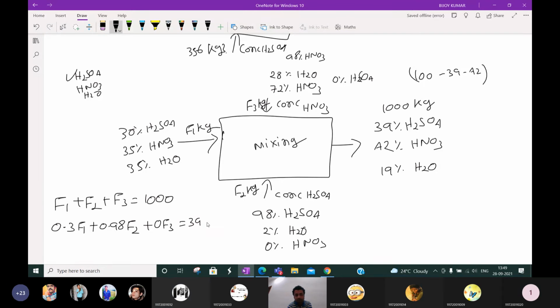Very good. Next, for HNO3: it will be 0.35 F1, 35% of F1, plus 0 F2. Here nothing is present, but still we have to write 0. Plus 0.72 F3 is equal to 420.